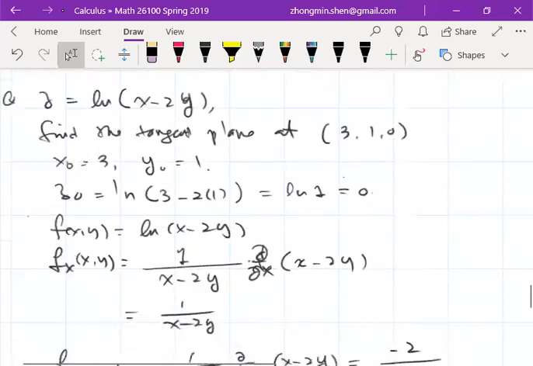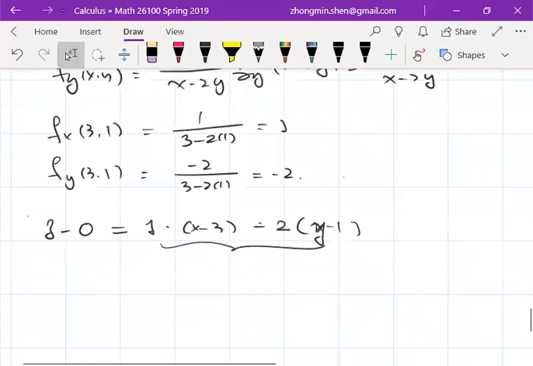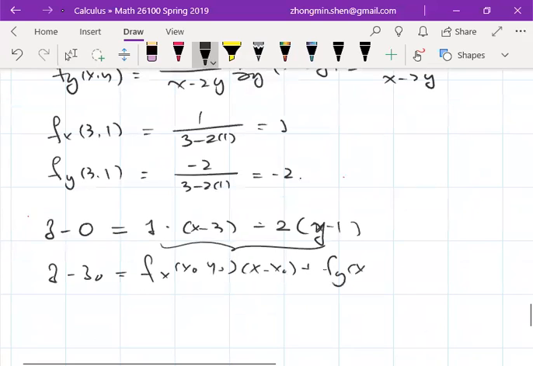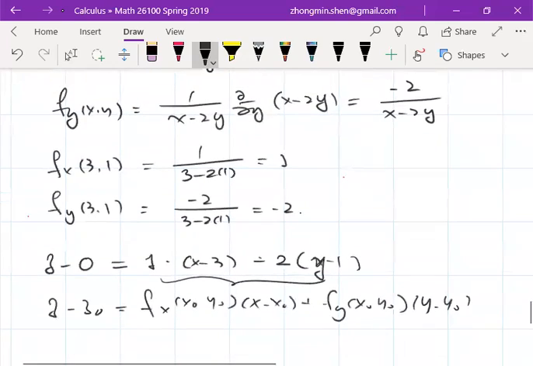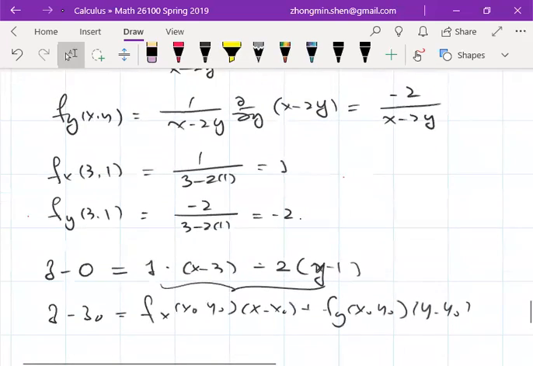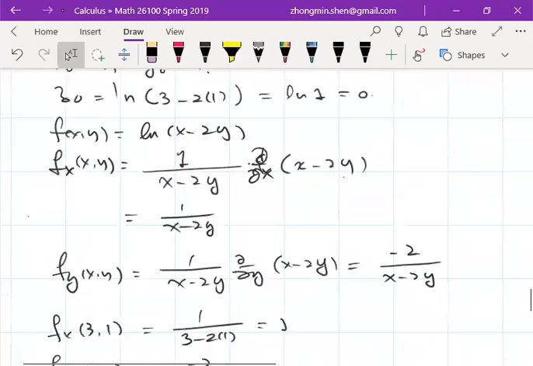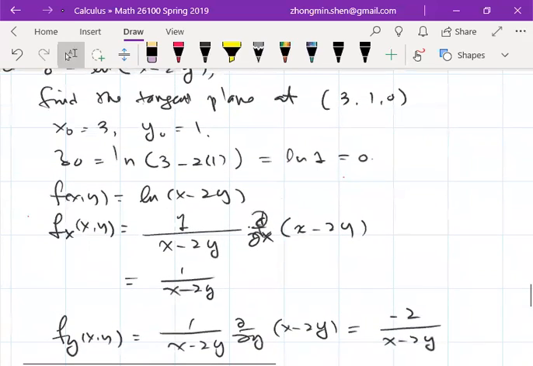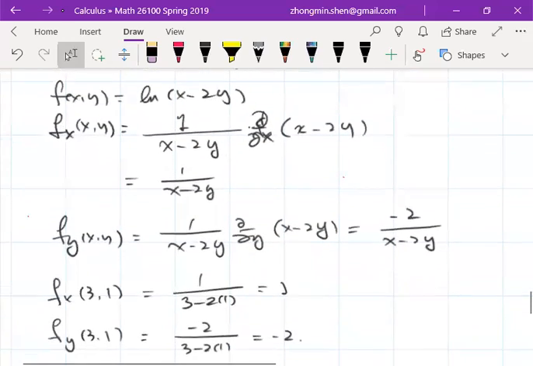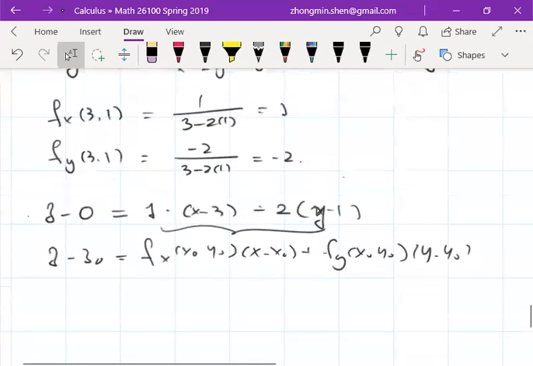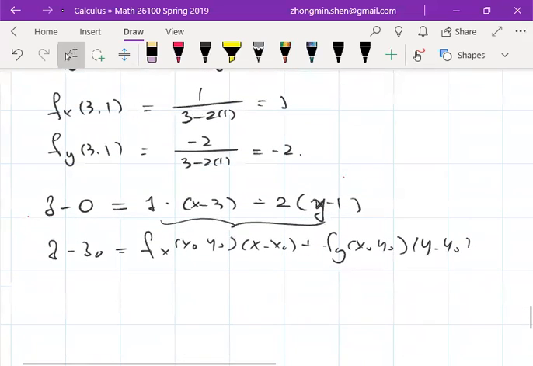Sorry, the original equation is like x minus 1 plus y minus 1. So your y naught is 1, and let's check. Well, I forgot the number. The y naught is 1, x naught is 3. So that's why y minus 1 gets x minus 3.